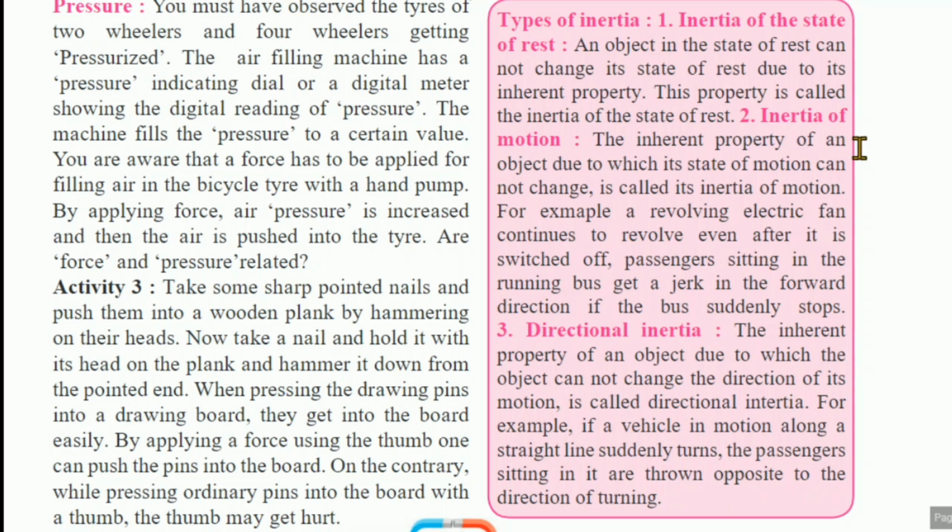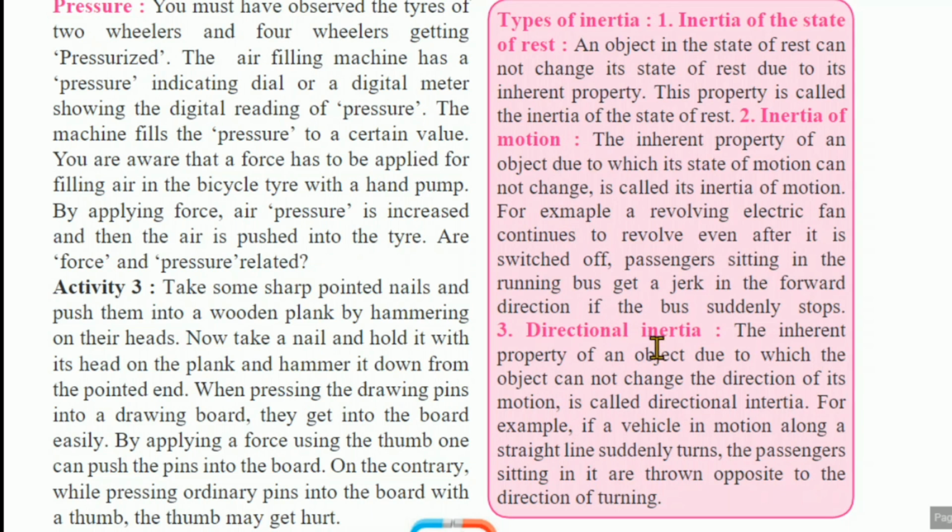The inherent property of an object due to which its state of motion cannot change is called the inertia of motion. For example, a revolving electric fan continues to revolve even after it is switched off. Passengers sitting in a running bus get a jerk in a forward direction if the bus suddenly stops.